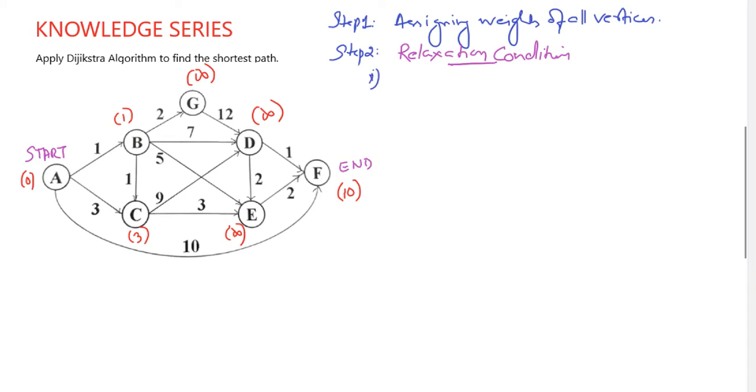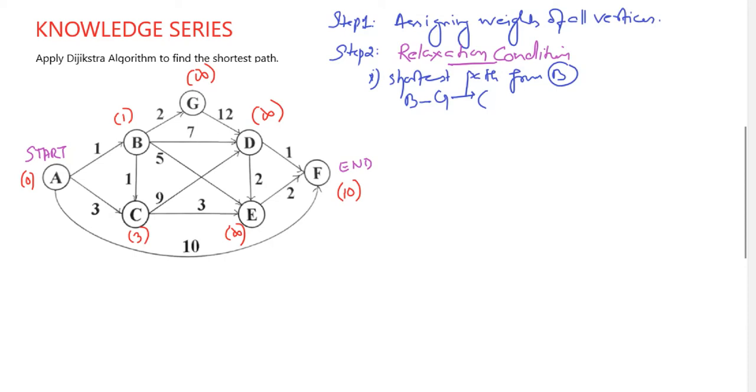So we see the shortest path from B. From B, 1, 2, 3, 4 links are emerging out. So BG. When you see BG, what is the new weight?